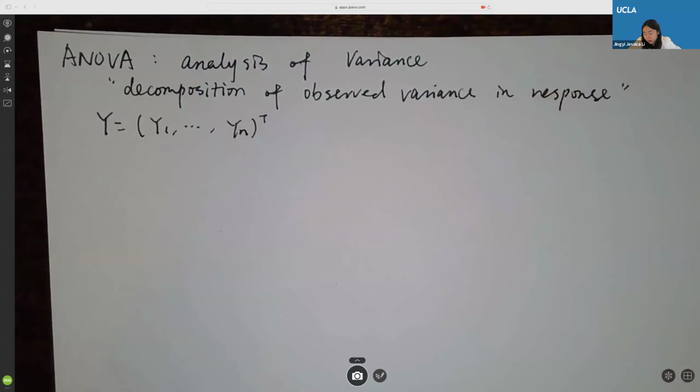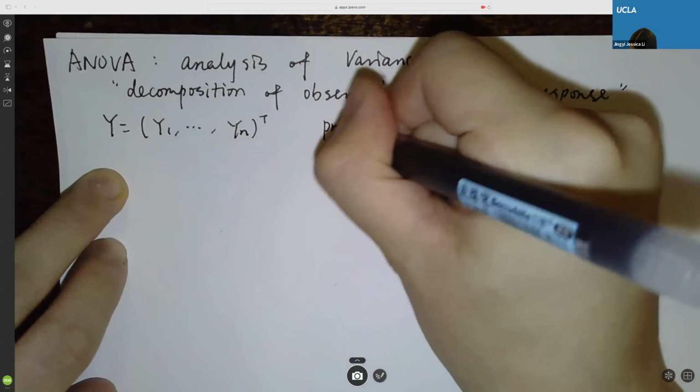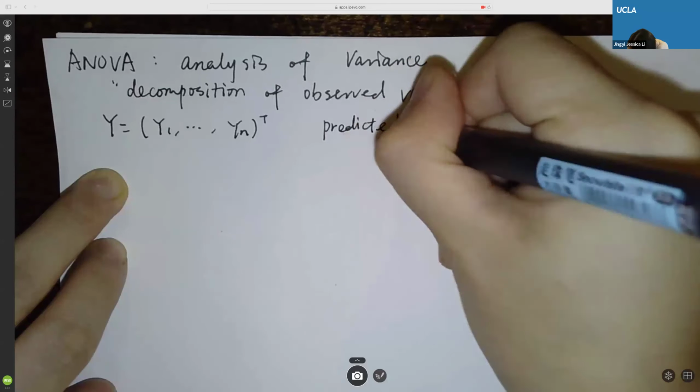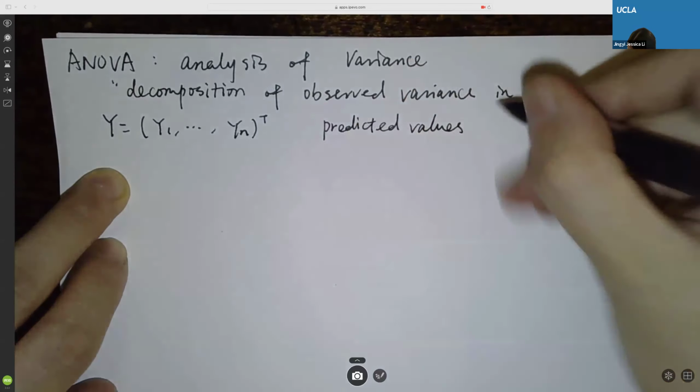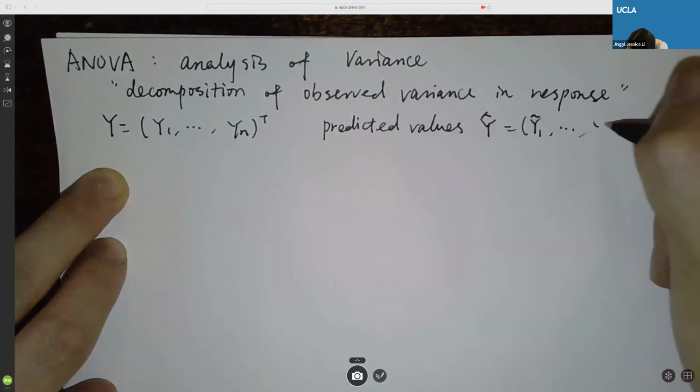And suppose that we have predicted values of y based on our linear model, and we call them y hat, the vector y1 hat to yn hat.